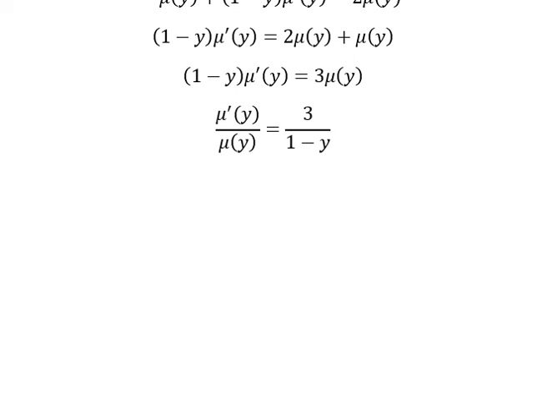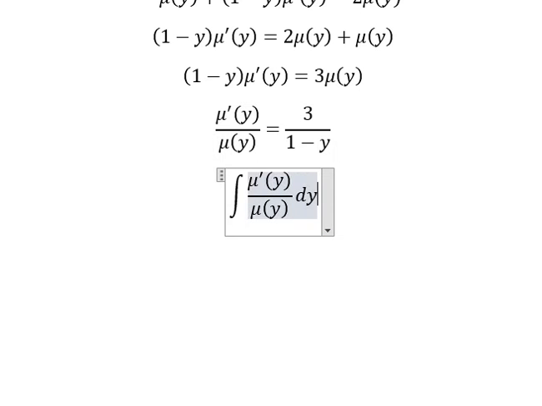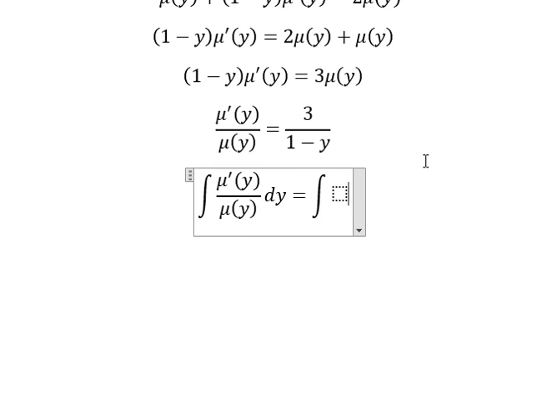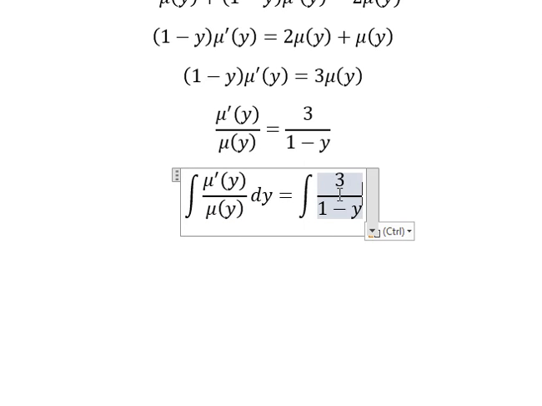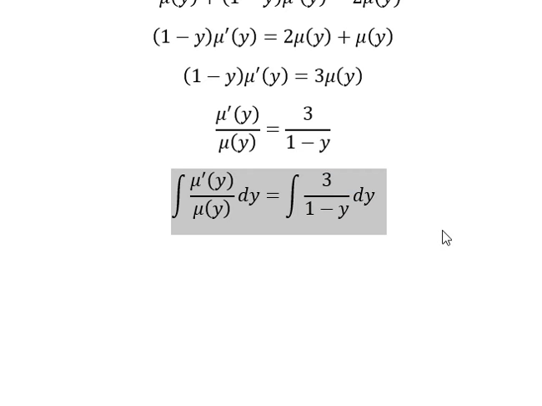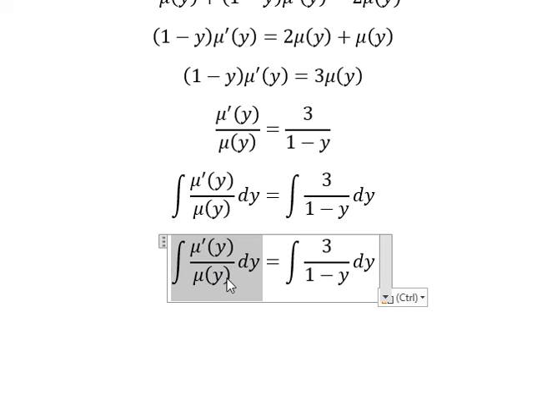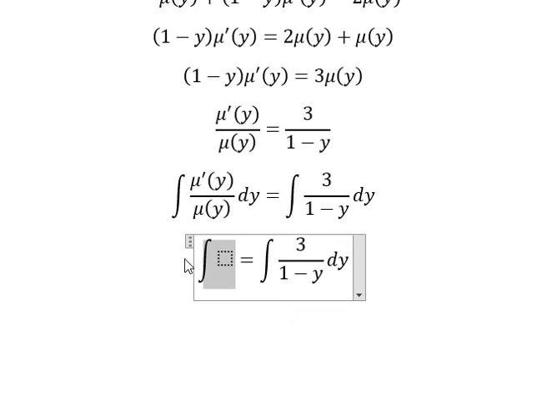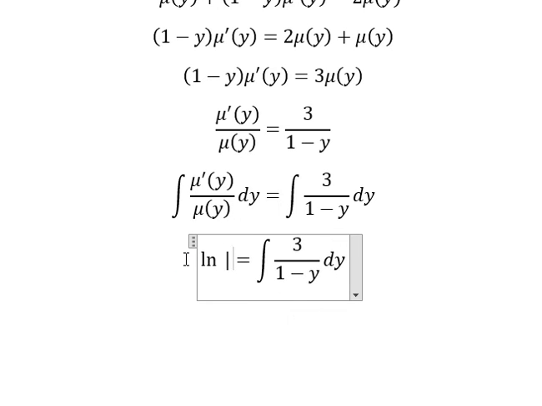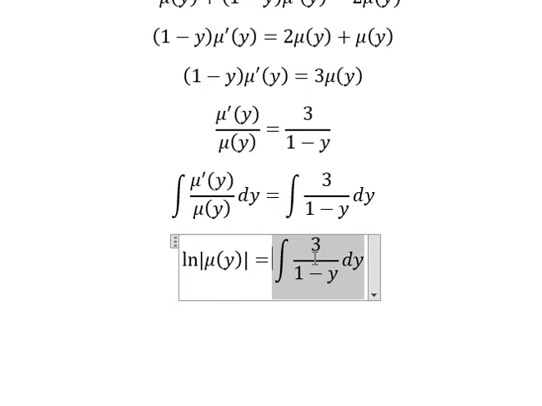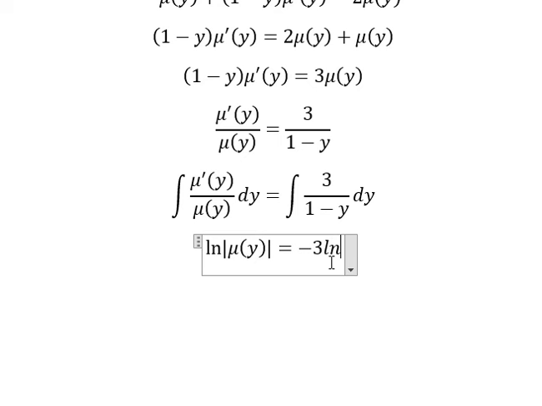Next, we put the integration for the both sides. Next, the integration of this one, we have ln of the absolute value of mu y. The integration of this one, we have negative number 3 ln of the absolute value of 1 minus y.